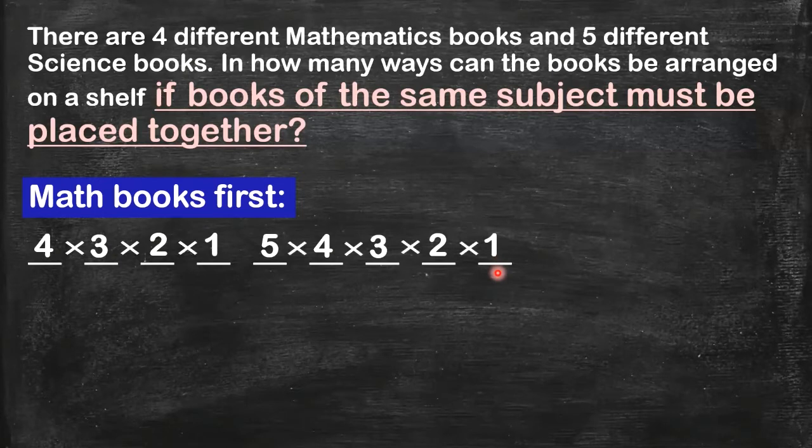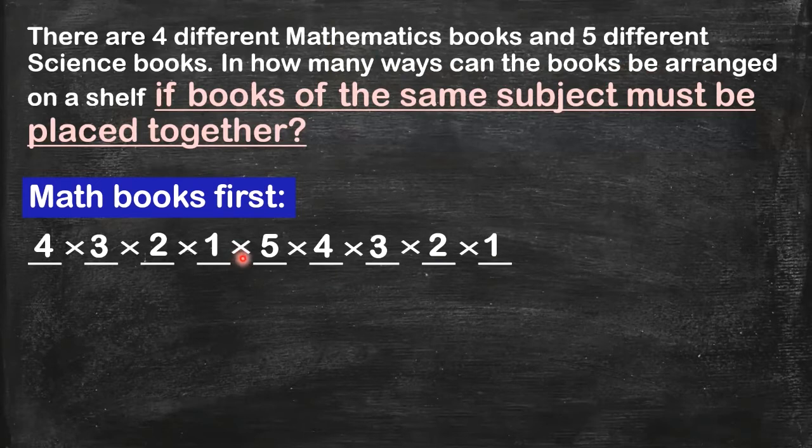Yan naman yung magsasabi ng number of positions or arrangements ng 5 different science books. And then finally, to get the number of ways the books can be arranged on a shelf such that math books come first and then science books, we get their product.